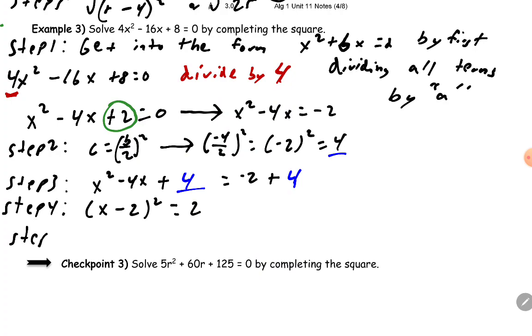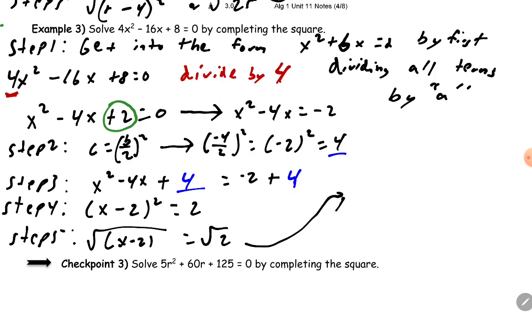And then step 5, we're going to go square root. We're going to solve this by square rooting both sides. This is going to split into two equations, where x minus 2 is equal to square root of 2, or x minus 2 is equal to the negative square root of 2.